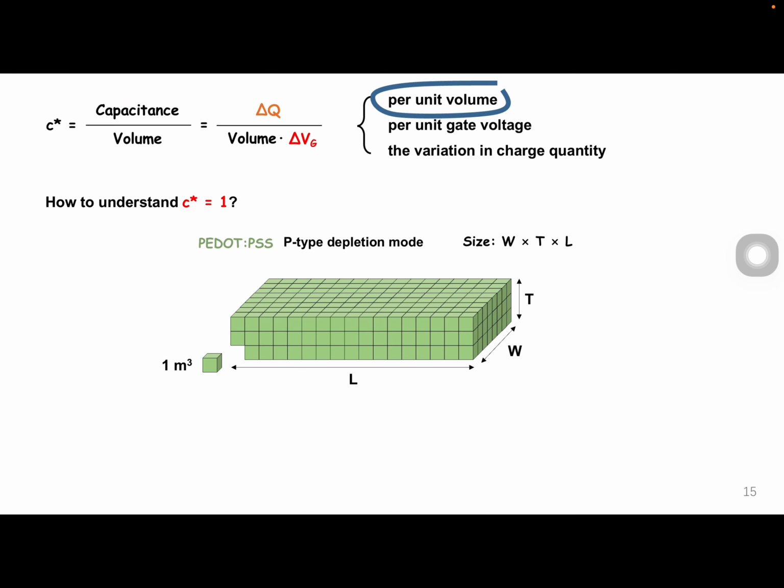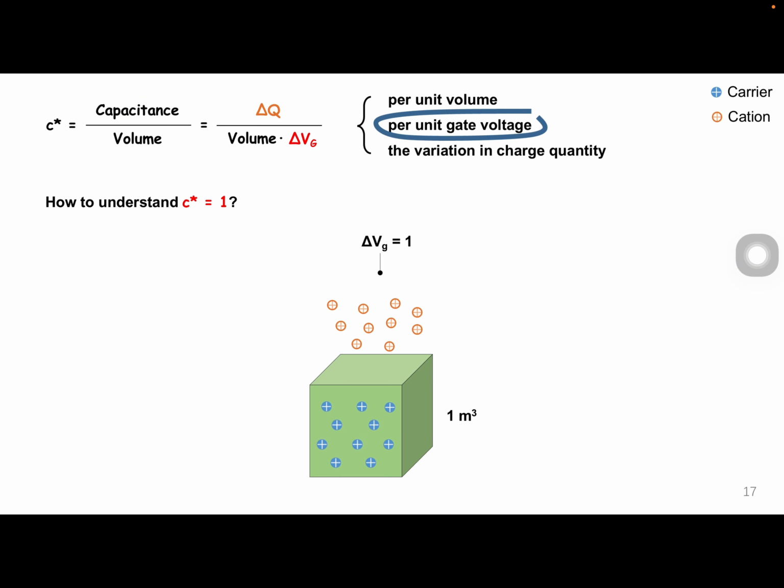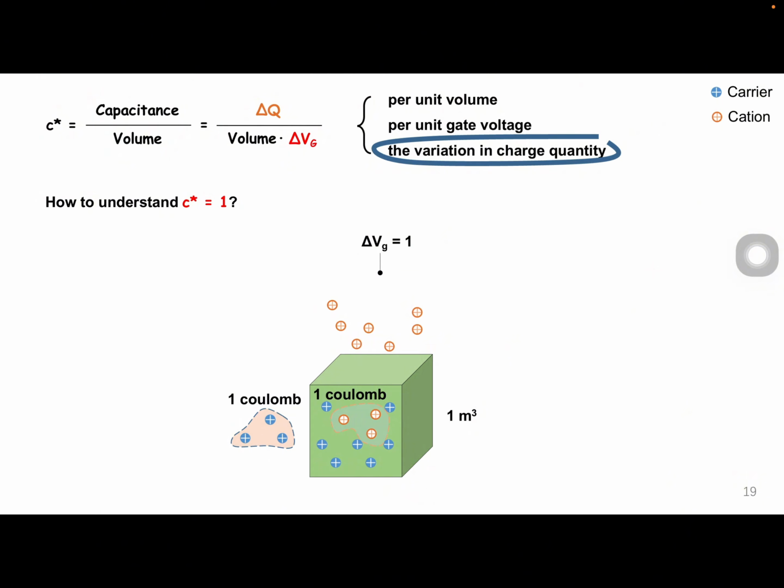And we choose one cube. For this cube, we give it a 1 volt change on gate voltage. And then there will be 1 coulomb of cations injected into the semiconductor, followed by 1 coulomb of carriers reduced. So the change of the charge equals 1.